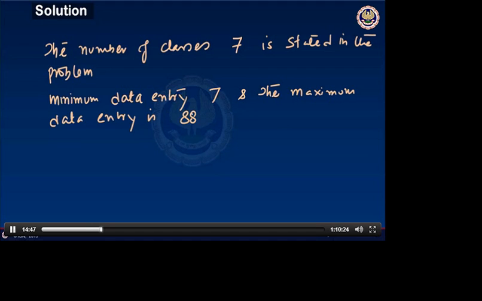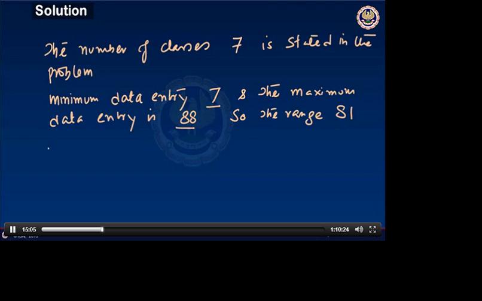So a person has spent almost 88 minutes. So the range is 81, that means 88 minus 7. The range of time spent on the internet is 81.